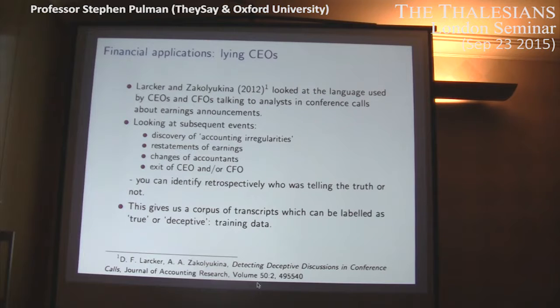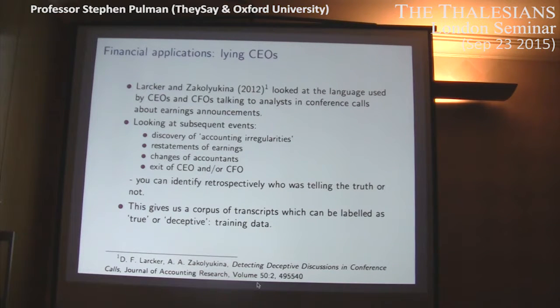There's a splendid study which some of you may be familiar with, which took these cues and looked at transcripts of post-earnings announcement conversations between CFOs, CEOs and analysts. You've probably read lots of these, I haven't.